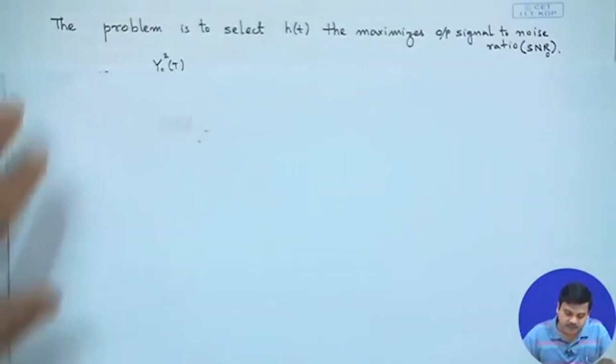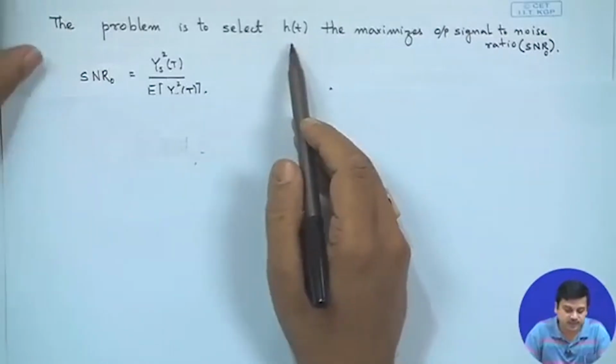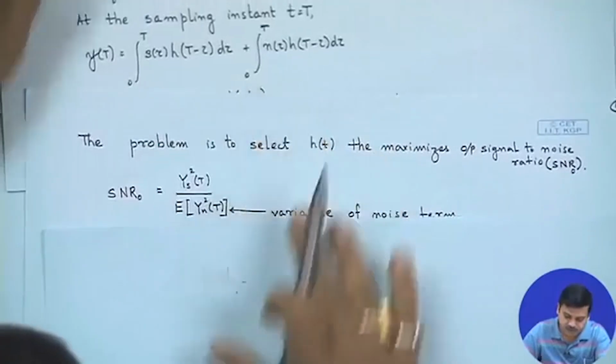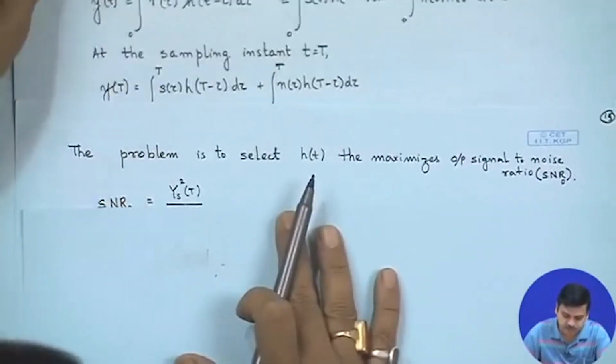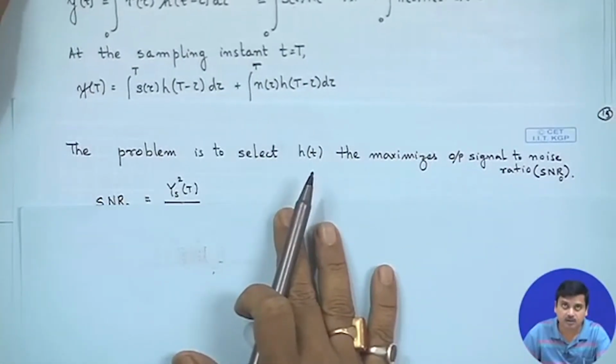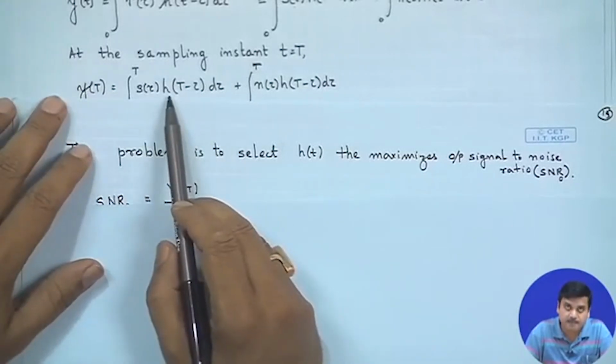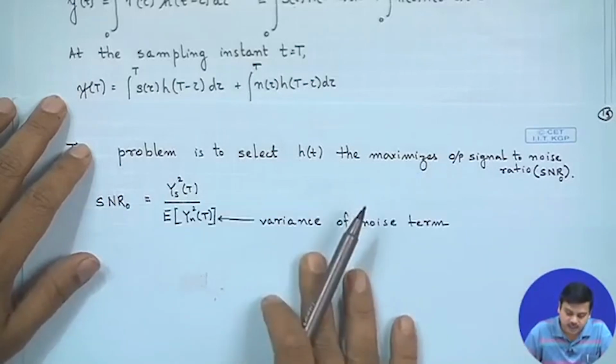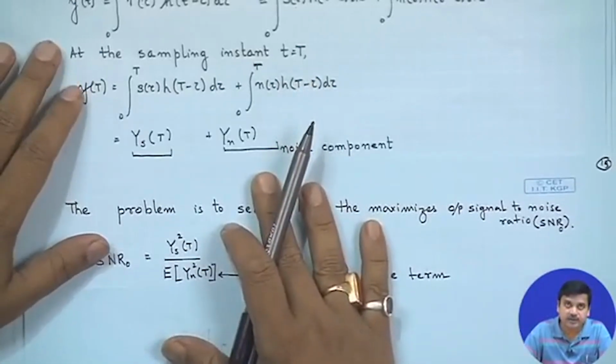So, the problem can be stated as: select h of t, as we just explained here, which maximizes the output SNR, and the output SNR is defined in this form.